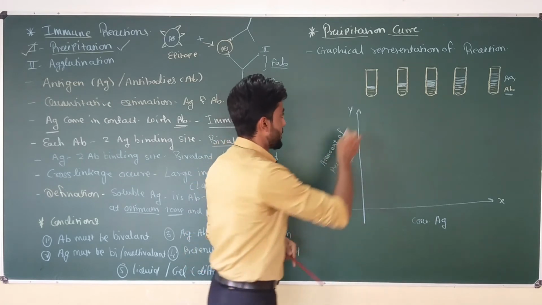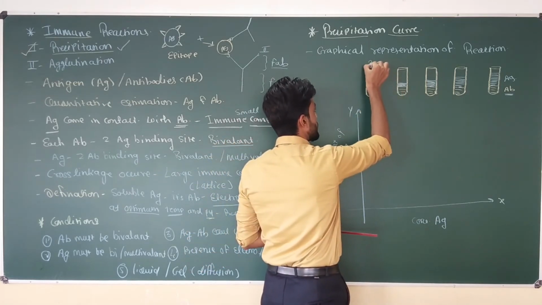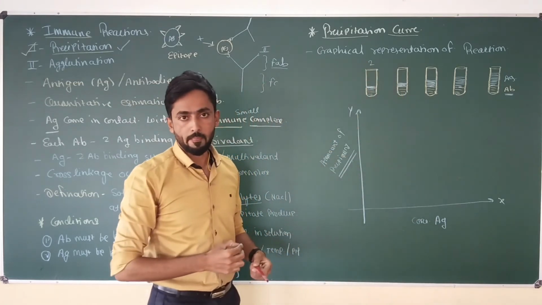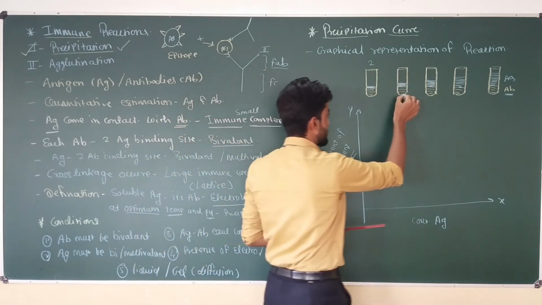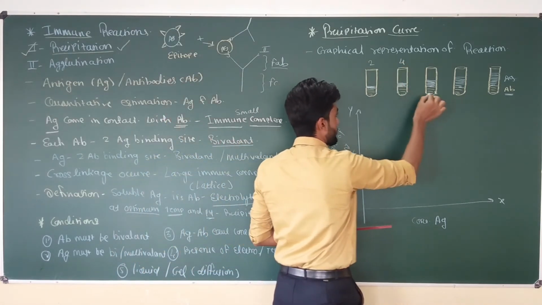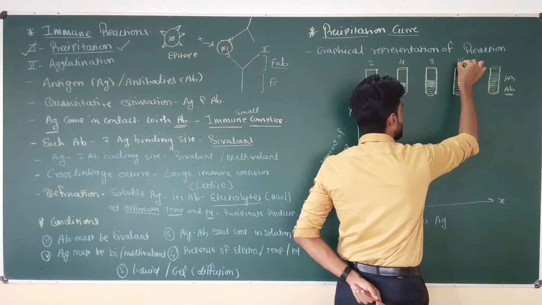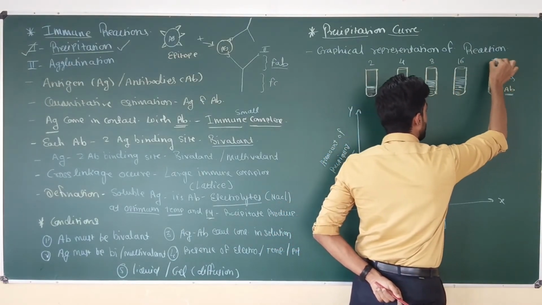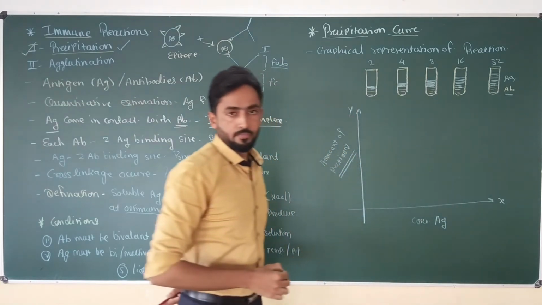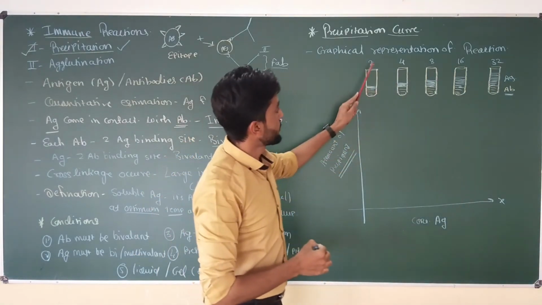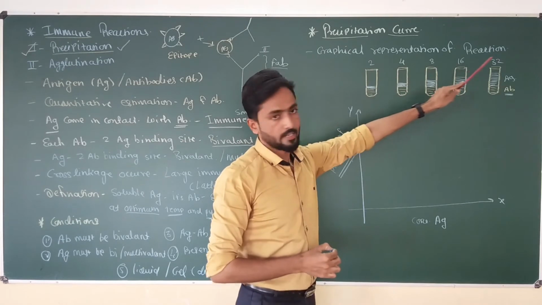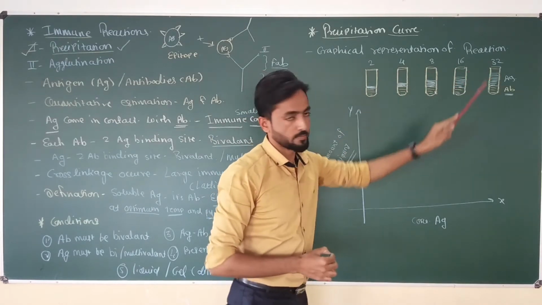For example, in the first tube, I add 2 microgram per ml of the antigen. In the second tube, I add 4 microgram. In the third tube, I add 8 microgram. Fourth, 16, and in the fifth, 32 micrograms. Okay, so in the tubes, 2, 4, 8, 16, and 32. These are the concentrations of the antigen.